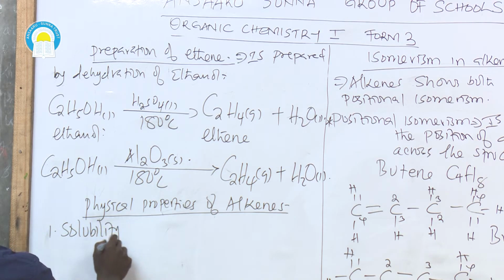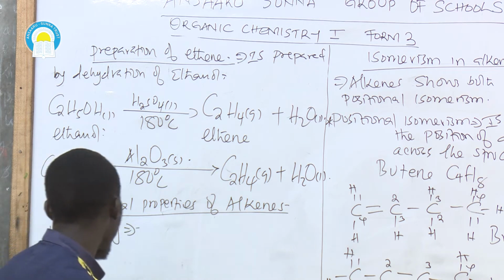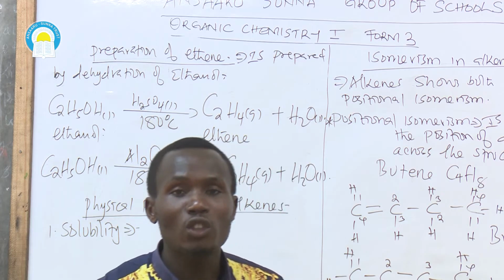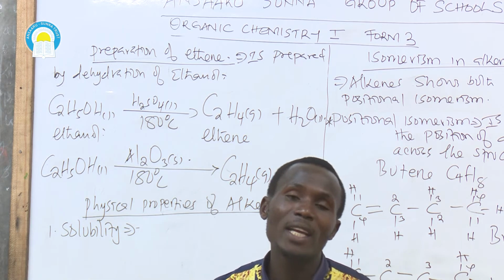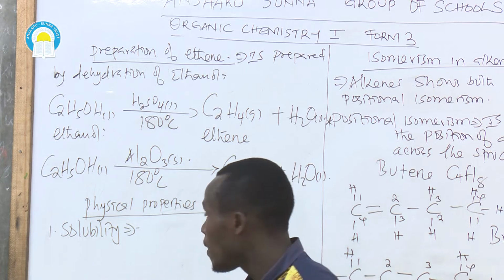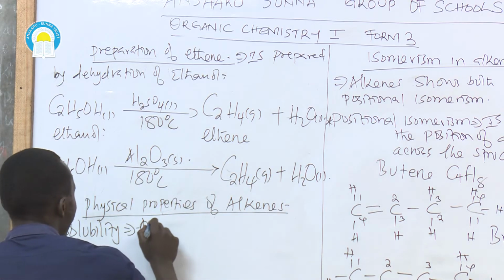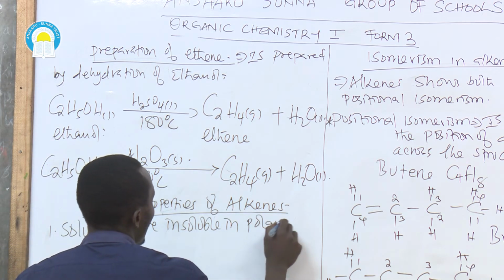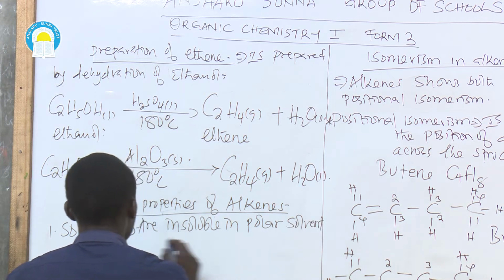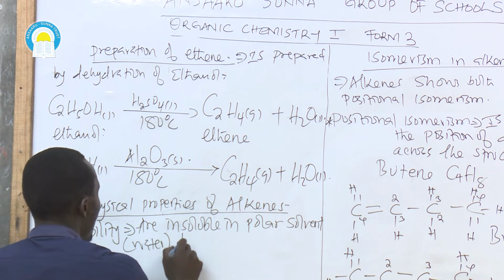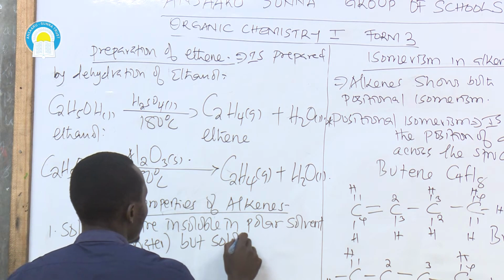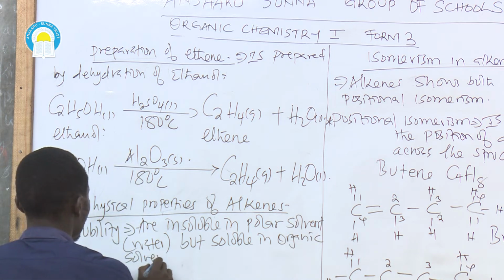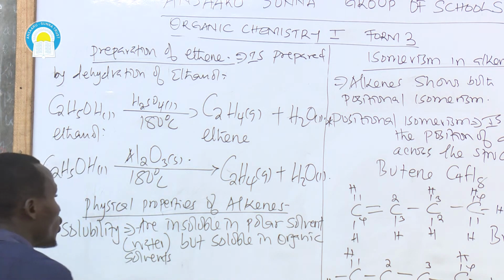Alkenes are insoluble in polar solvent, which is water. They do not dissolve in water, but are soluble in organic solvents, which are non-polar. So we say here they are insoluble in polar solvent, water, but soluble in organic solvents.